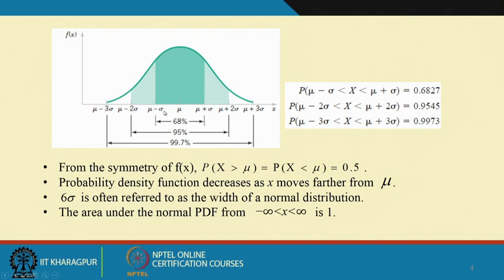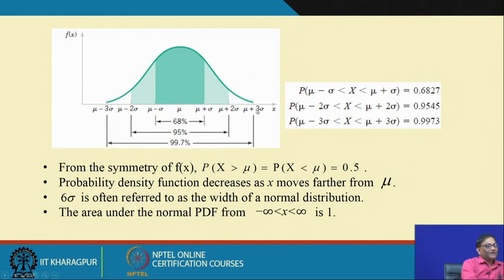One is mu minus sigma to mu plus sigma. This is known as the 1 sigma range, meaning mu minus 1 sigma to mu plus 1 sigma. Second one is mu minus 2 sigma to mu plus 2 sigma, the 2 sigma range. Third one is mu minus 3 sigma to mu plus 3 sigma range.